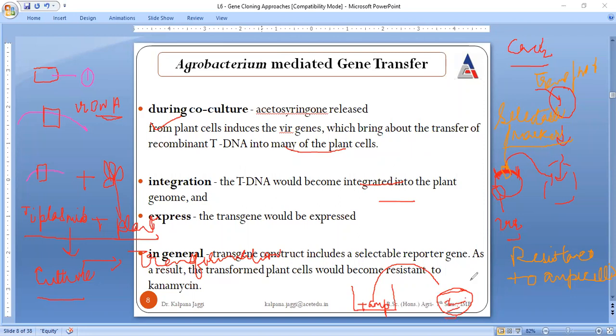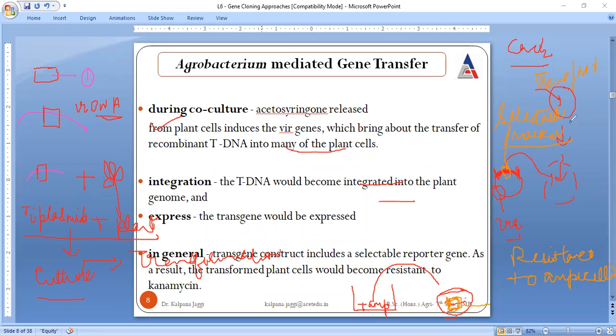Now we cultured our desired DNA construct here, the gene construct that has the gene resistant to ampicillin. You have already added the antibiotic ampicillin here.